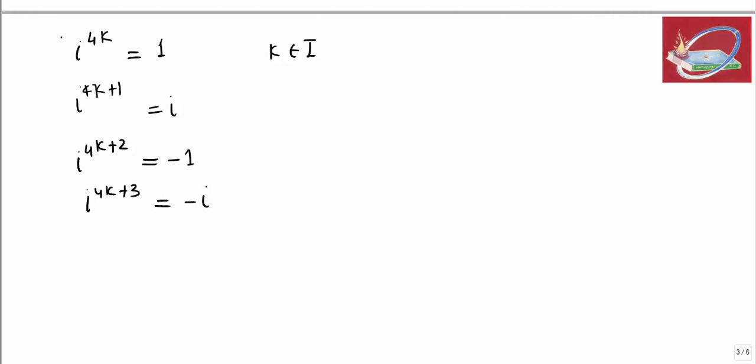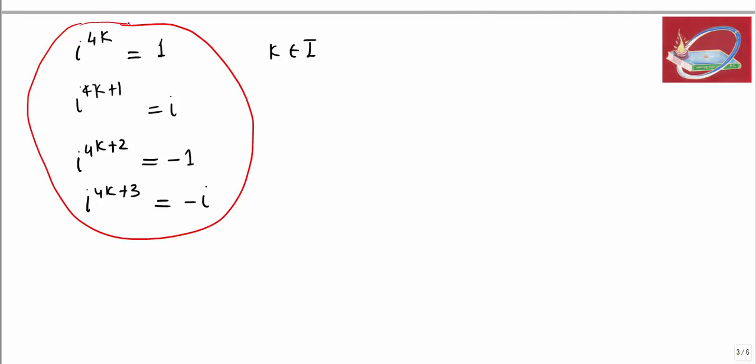So here you can see that we have these 4 important results in the case of iota.